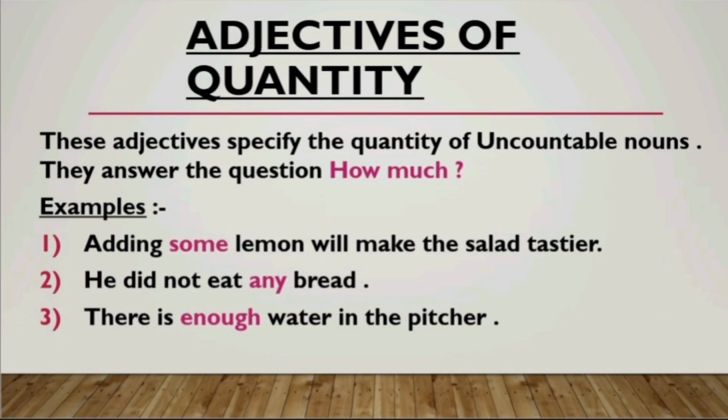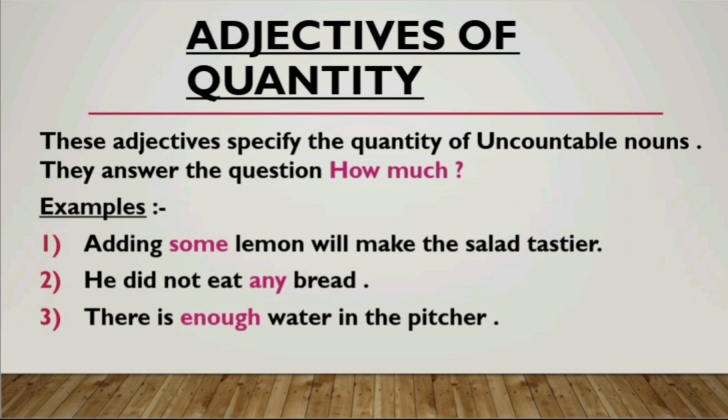Adjectives of quantity or quantitative adjectives. These adjectives specify the quantity of uncountable nouns. So, basically, whenever we'll be dealing with adjectives of quantity, we'll be dealing with the quantities of uncountable nouns, because uncountable nouns have quantities, right?